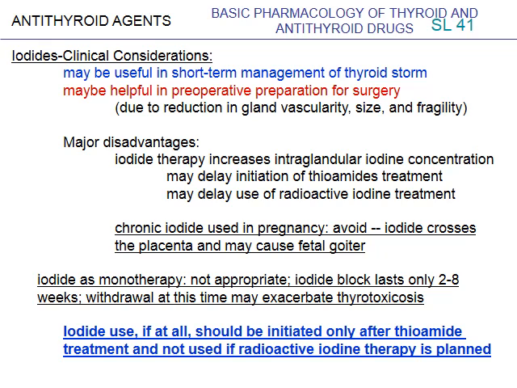We're talking about the drug iodide being given, which can induce hypothyroidism. So note that the block only lasts about 2 to 8 weeks, and withdrawal can exacerbate thyrotoxicosis. So if it's going to be used, the iodides should be initiated only after thioamide treatment and not used if radioactive iodine therapy is planned.